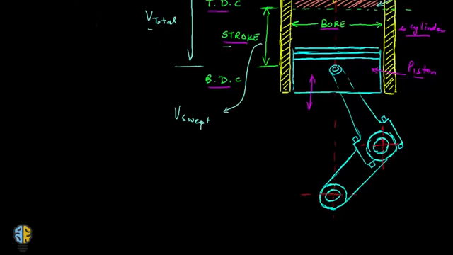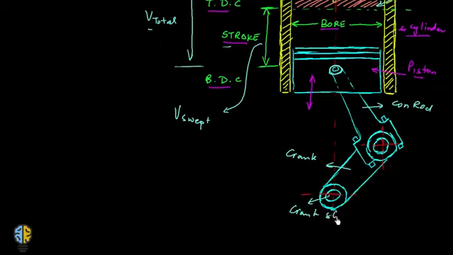And if you go down a bit, this is the piston, this is the piston pin or the gudgeon pin, this is the connecting rod, or in short con rod, and this is the crank, and this is the crankshaft.